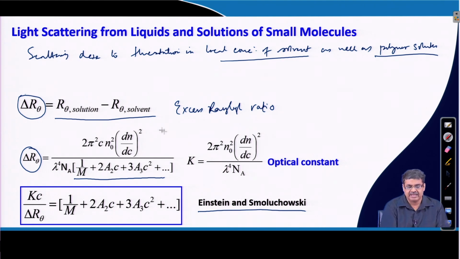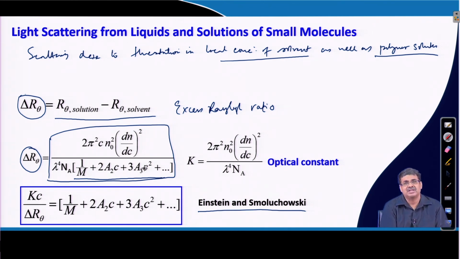We can get an expression like this, where we are taking care of both the scattering due to fluctuation of solvent molecules and due to fluctuation in the concentration of polymer molecules. If we simplify this expression by writing K as this, these are the constant terms for the equipment and the solvent-polymer pair, so we call this the optical constant. We can simplify this expression and write this.